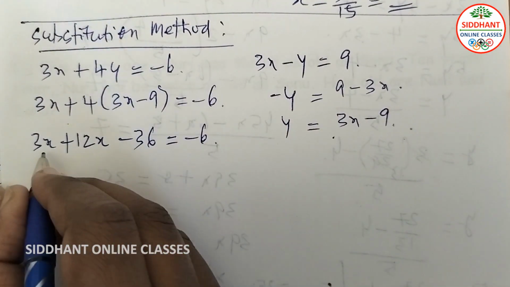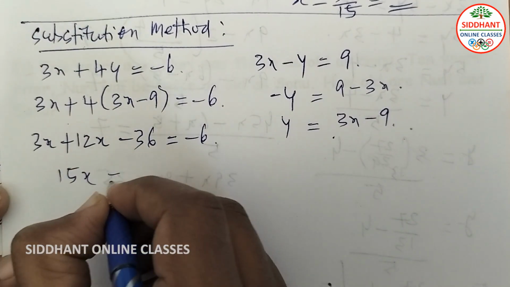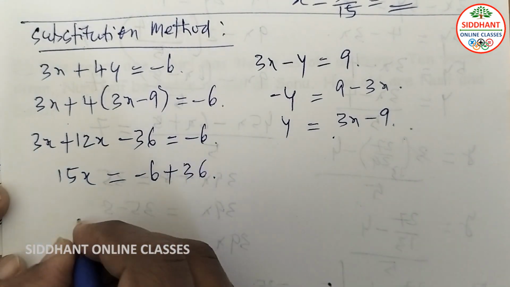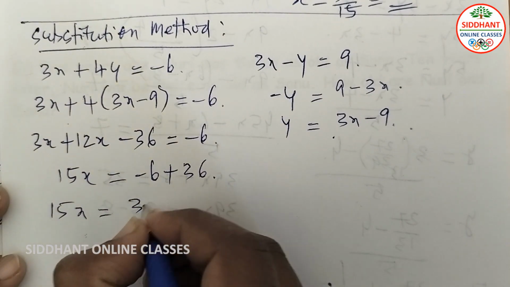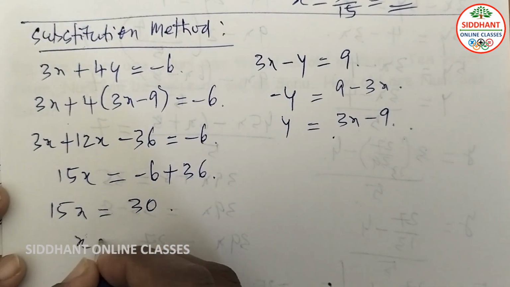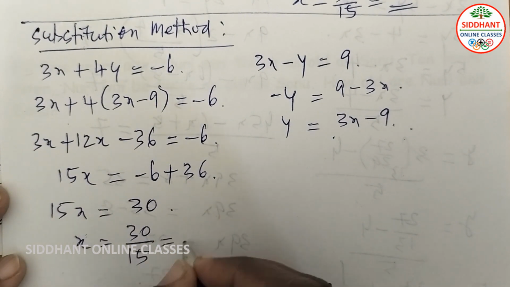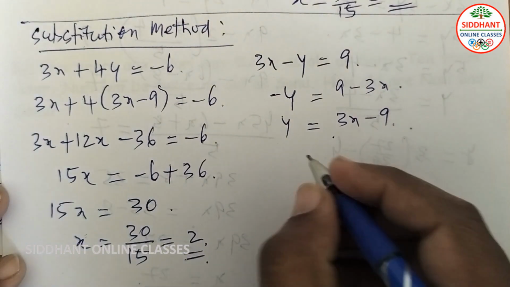So now 3x plus 12x we get 15x, that equals minus 6 plus 36. Then 15x equals 30, and x equals 30 by 15, which equals 2. Now we are going to substitute the x value here.